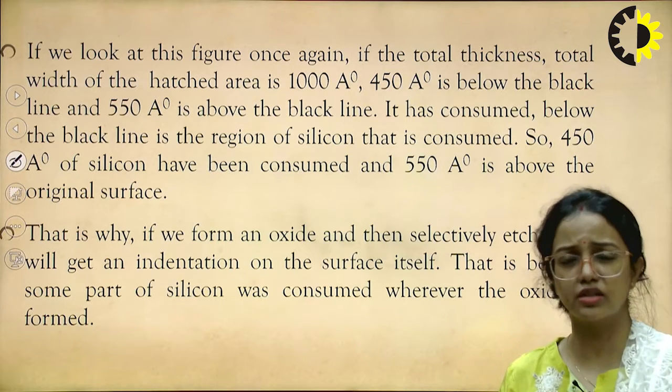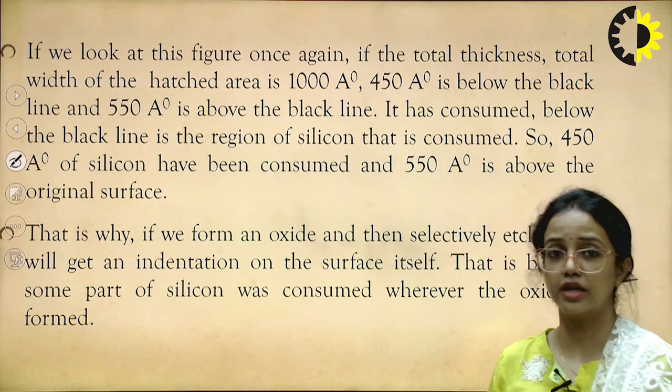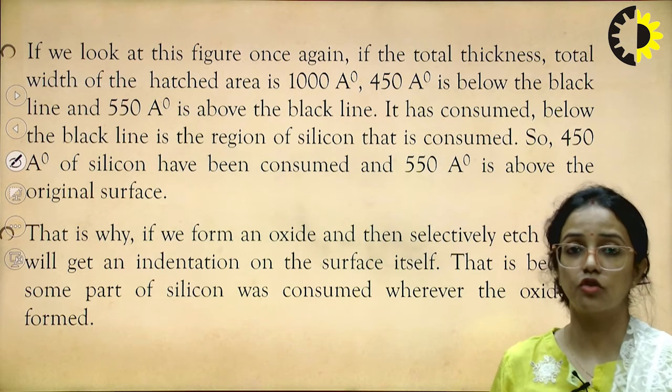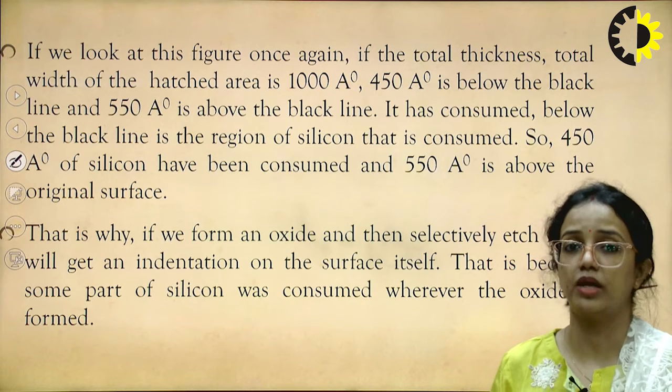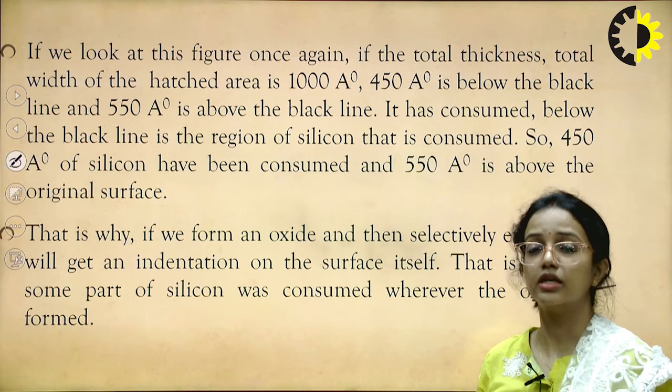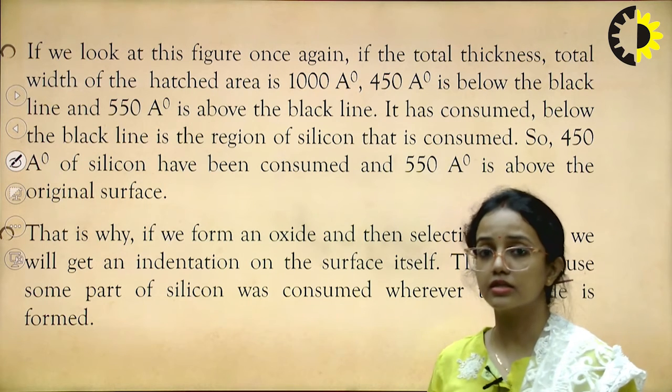If we look at the figure once again, the total thickness, the total width of the hashed area, is 1000 angstrom; 450 angstrom is below the black line and 550 angstrom is above the black line. Below the black line is the region of silicon that is consumed.